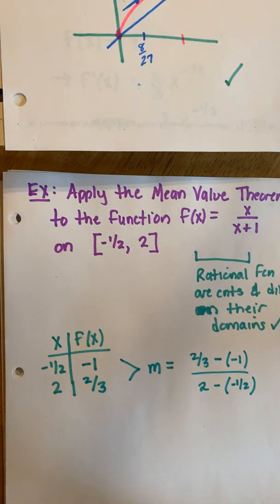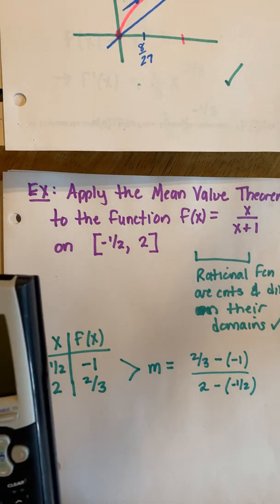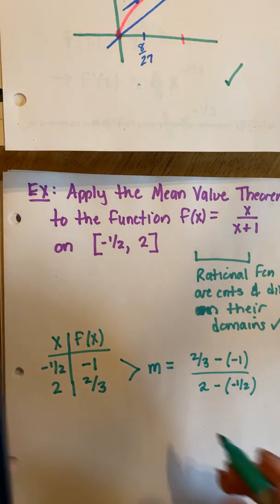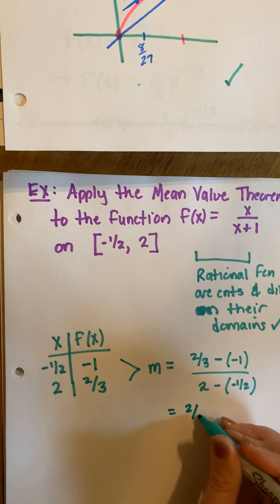And I'm going to recruit the use of my calculator to find this to save us some time. So I'm going to do parentheses 2 divided by 3 plus 1 divided by 2 plus 0.5. Let's see what we get. Math, enter, enter. So the slope of the line connecting the endpoints is 2/3.